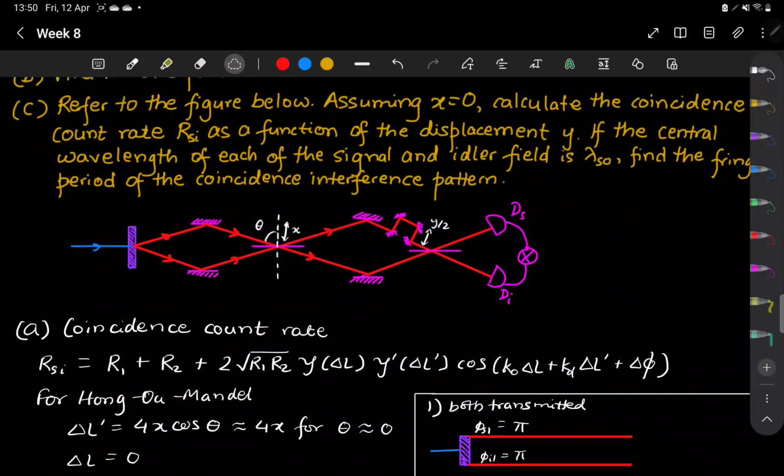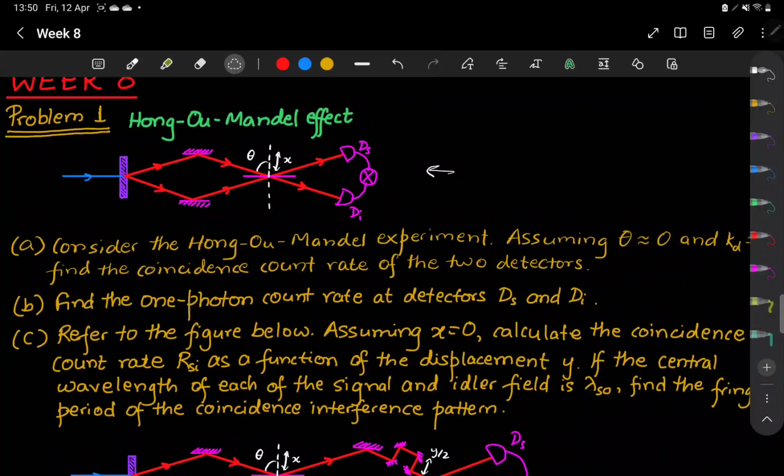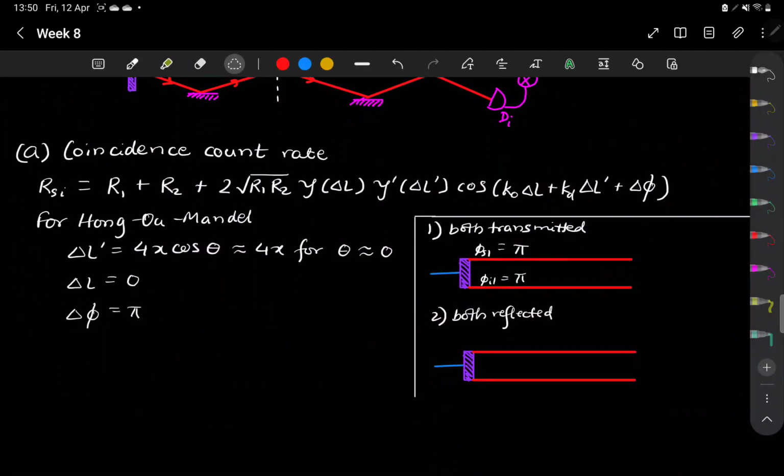Now in this case, because of the displacement of the beam splitter, the lengths of the paths will be different. And how much different they will be?